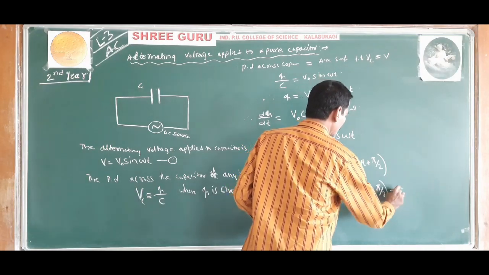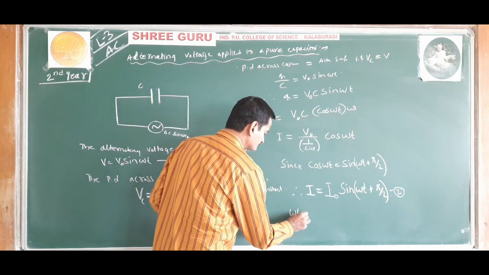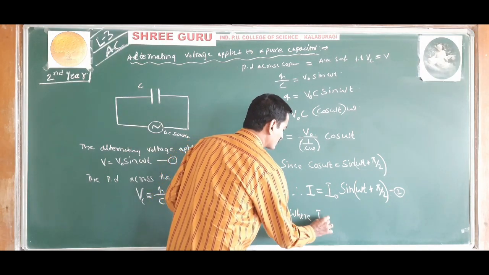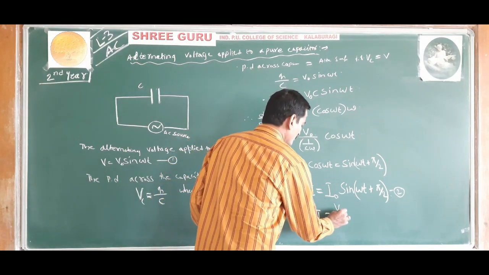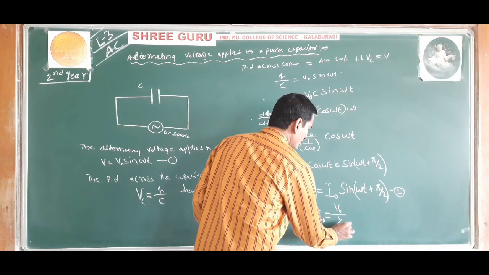Call this equation number 2, where I naught is equal to V naught divided by 1 by C omega.